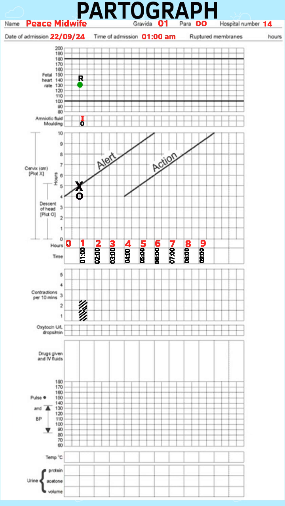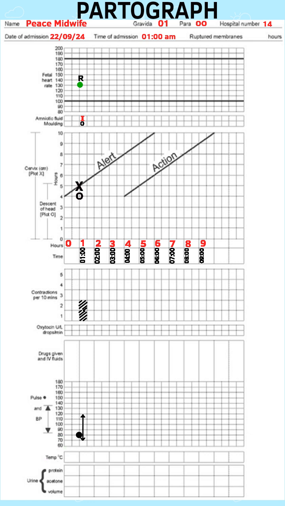Now we record the maternal vitals, starting with pulse. Pulse is recorded every 30 minutes using a dot. For example, pulse, which is 80 beats per minute, will be recorded here. And blood pressure is recorded every 2 hours using arrows. For example, blood pressure reading of 120 over 70 millimeters of mercury will be recorded here.